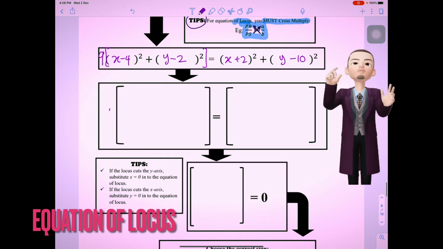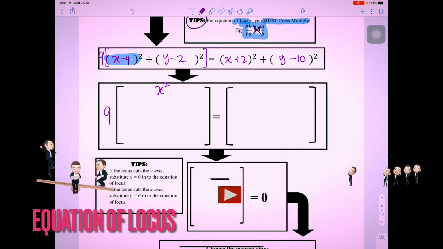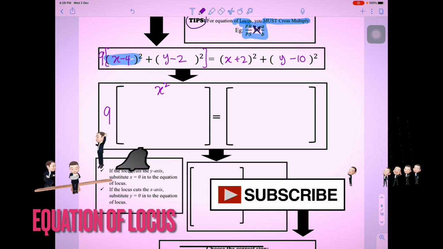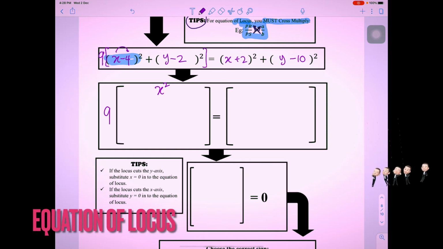Write down 9 on the left hand side, and then expand (x minus 4) squared. So you get x squared for the x squared term, then for the x term, x times -4 times 2 gives -8x, and the constant -4 squared gives 16. Put the constant number below the big bracket.